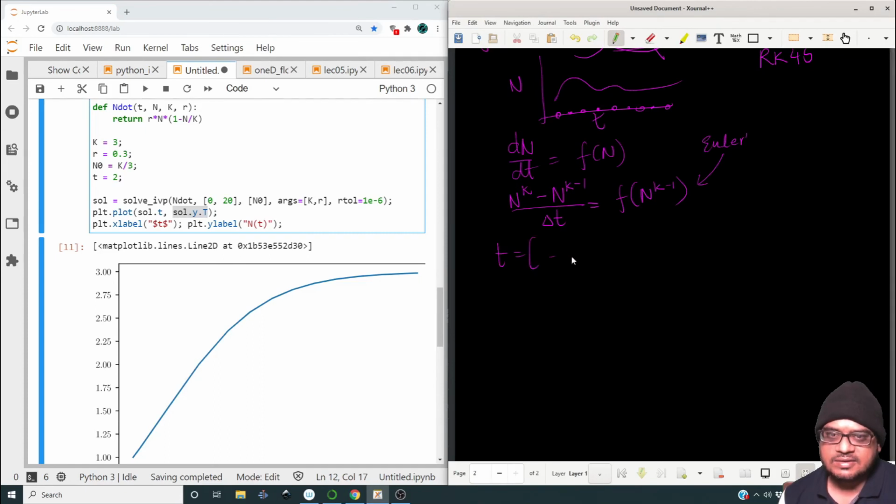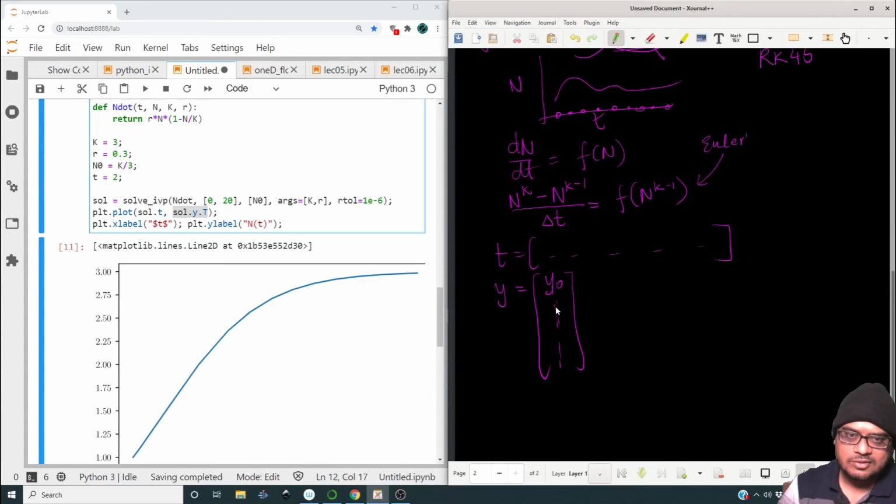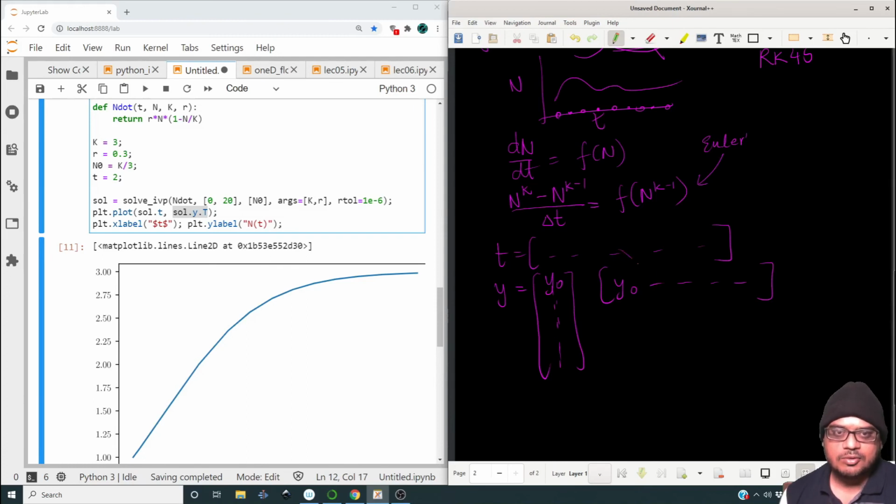So t is a single array like this, but by default it assigns the solution to y. So y is something like this. So if you have one variable, y0 is something like this. So you must take a transpose of this so that you can plot these two. Once you take a transpose of this, it will give you something like this, and then you can plot these two. But you cannot plot a row vector with a column vector. That's not possible. That's why this transpose is necessary.